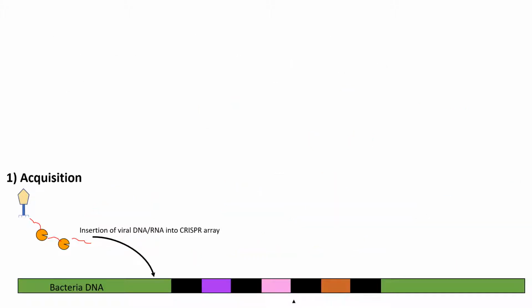So let's just do a quick summary. There's an acquisition step for all the CRISPR systems where a sequence is put in as a spacer, like these guys, and then it's flanked by these repeat sequences.